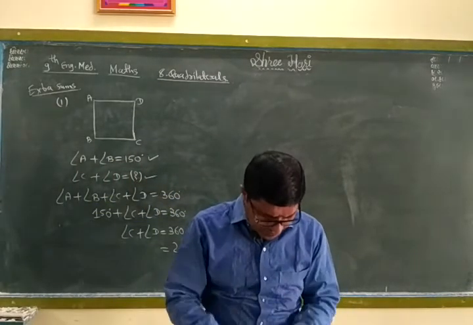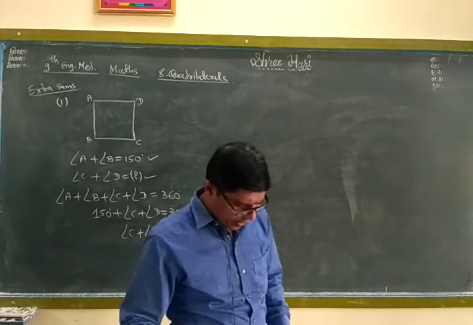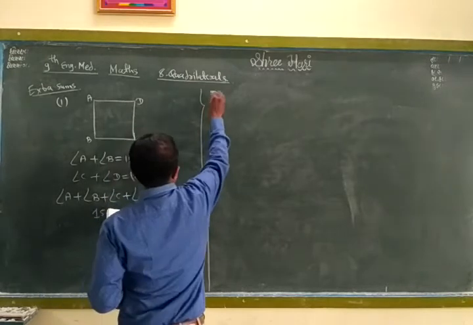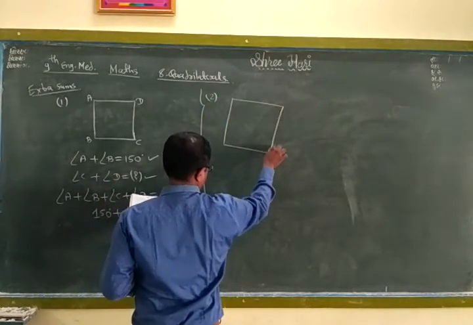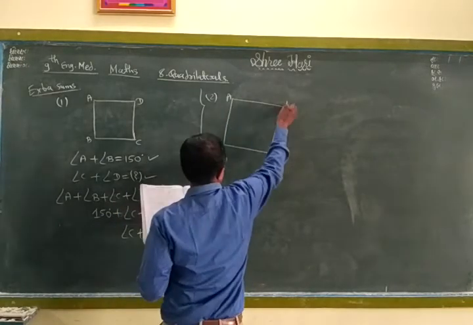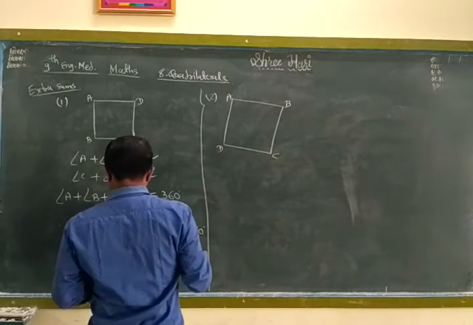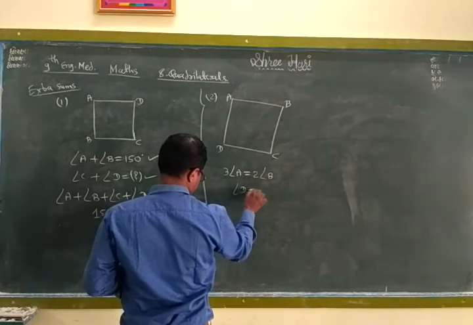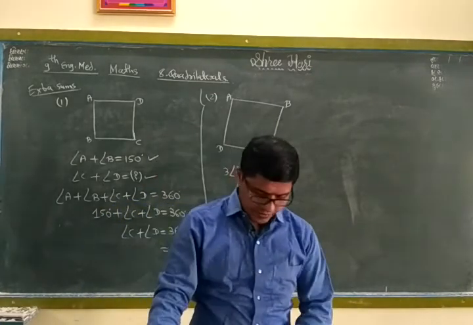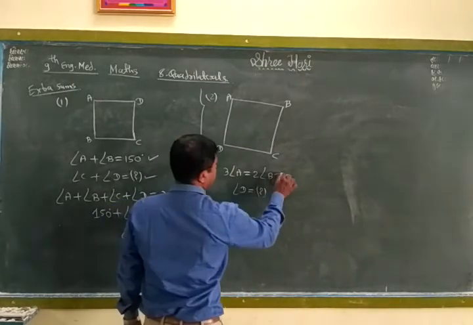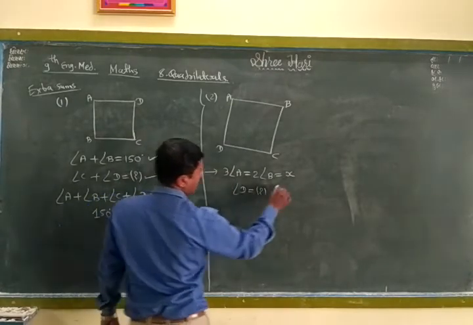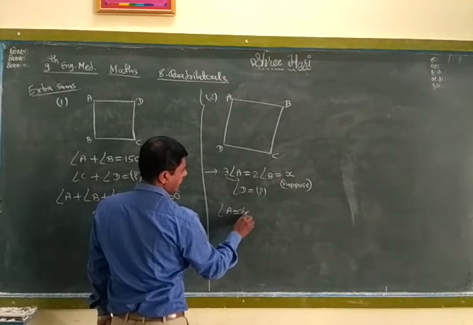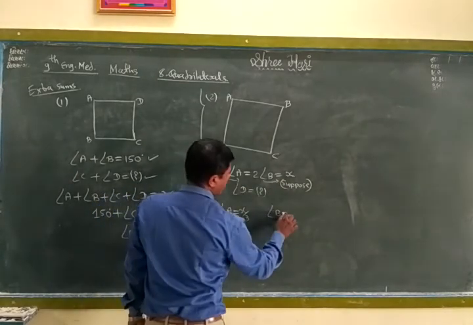Now here is another example. In the parallelogram ABCD, three times angle A is equal to two times angle B. Find angle D. Suppose this is X. So angle A is equal to X by 3, and similarly angle B is equal to X by 2.